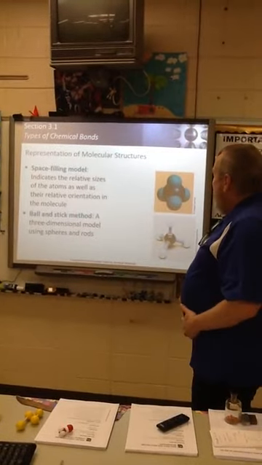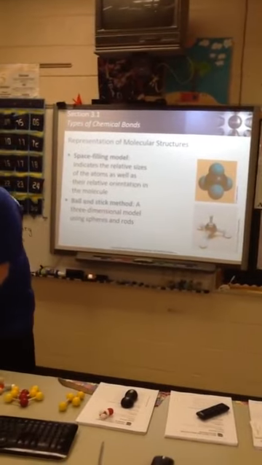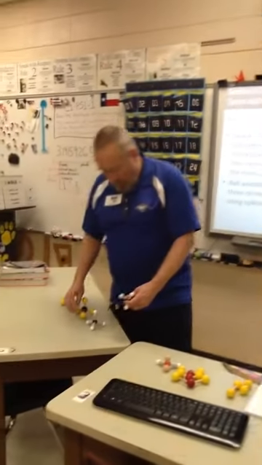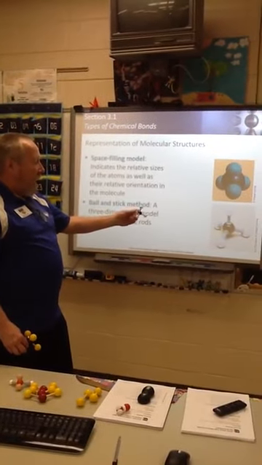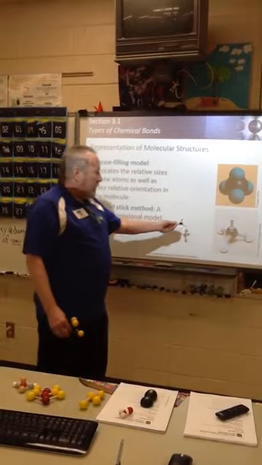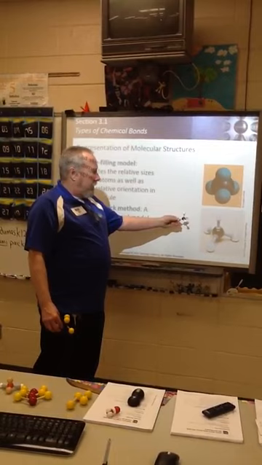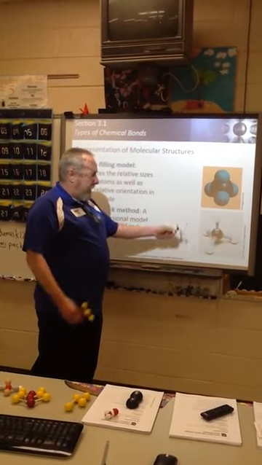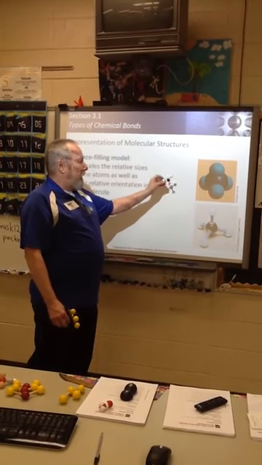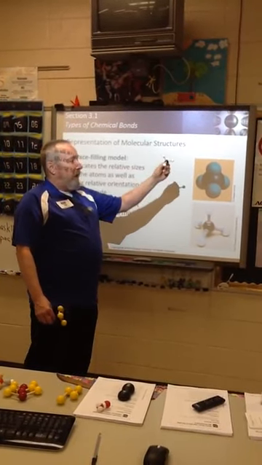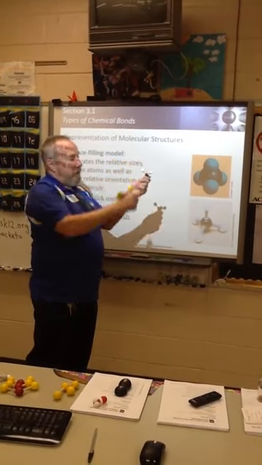So we have several different models. I have some examples of them here. We have classic ball and stick models, and since they're using methane here, I will use methane. Here's a polymold ball and stick model of methane, CH4, one carbon in the center with 4 hydrogens attached to it, each one at a 109.5 degree angle relative to the others.